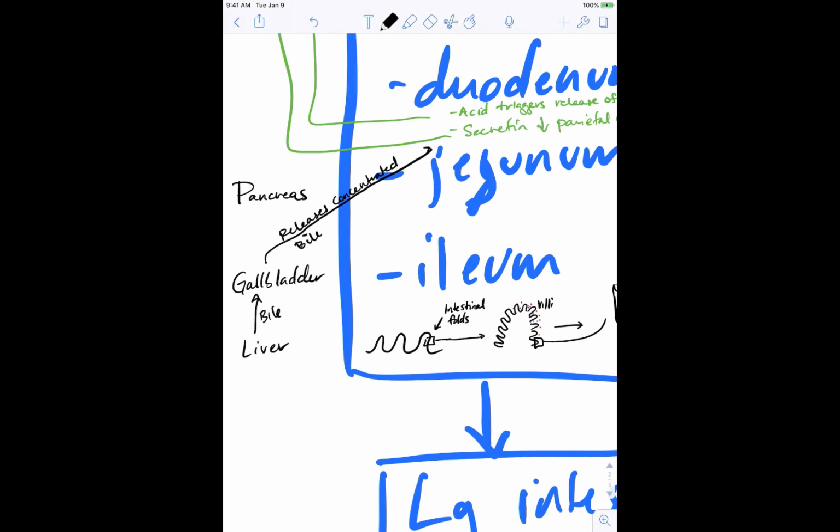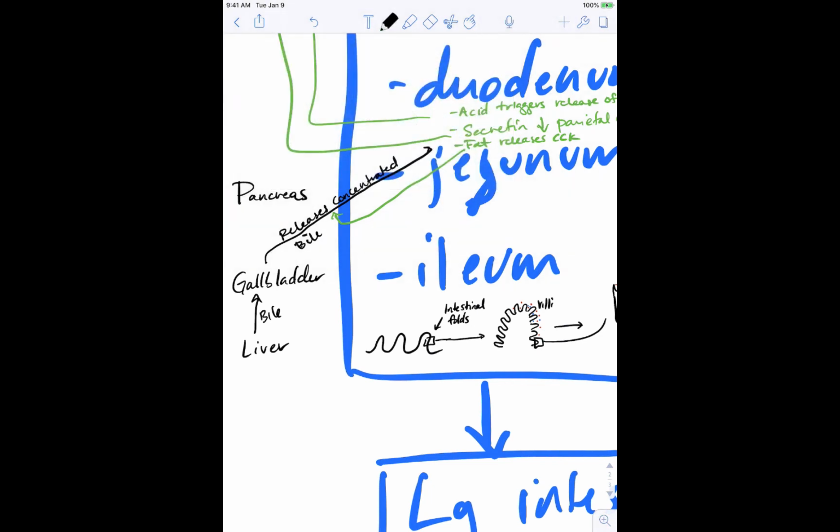That sensing of fat causes a release of CCK, cholecystokinin. And cholecystokinin causes this contraction, releasing that bile. The bile is going to break the fats up into really small globs so that they can be broken down by enzymes.